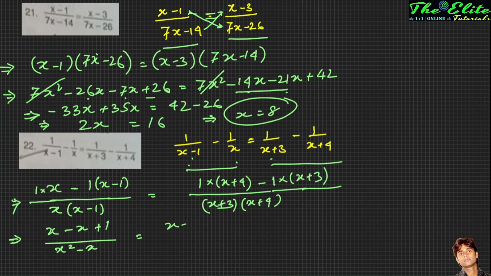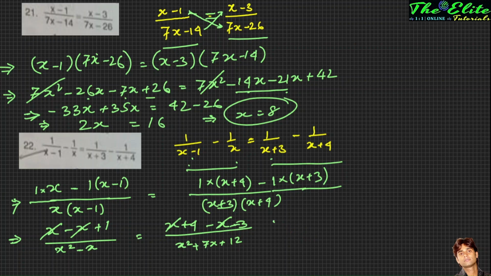It will give you x square and minus x. Here x plus 4 minus x minus 3, again upon x square plus 7x plus 12 if you calculate it. Okay, now this plus x and minus x will get cancelled.